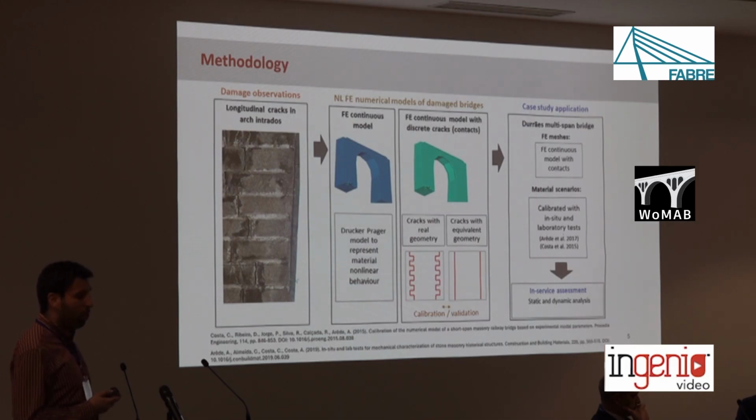It could also be combined with a discrete representation of the crack. If we want to model a longitudinal cracking, for example, in the arch, we can use contact models that are usually available in these softwares, to have discrete damage in this global model.